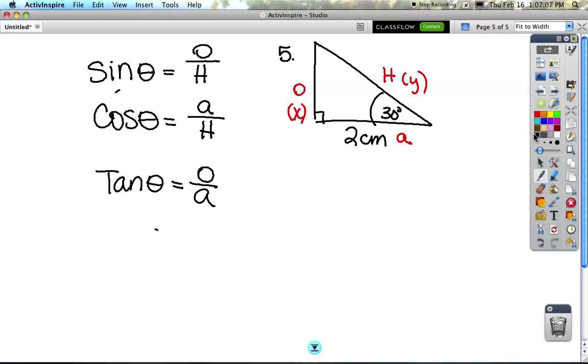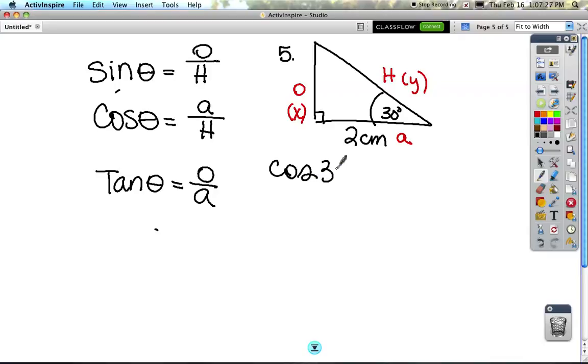Okay, let's pick up at number 5 for me. Okay, which one do y'all want me to cover up first? Make sure you label them correctly, by the way. Do we cover up the O? Okay, so I'm going to cover up the O. That leaves me what 2 letters left? A and H, which is cosine. Be careful.